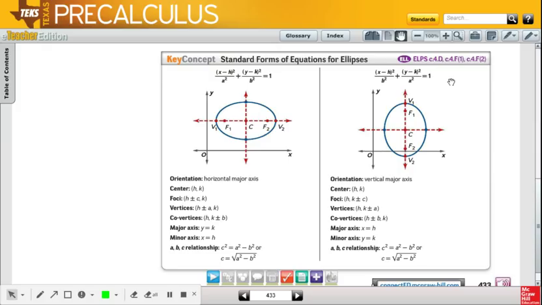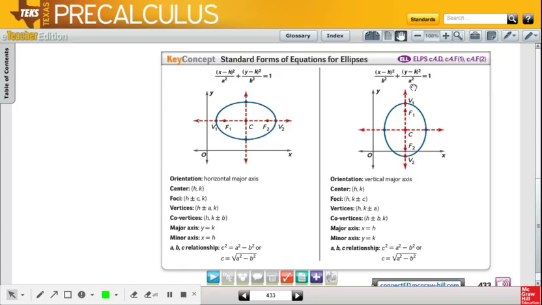So 99% of the time they're identical. The only difference is the a squared and the b squared on the left, and the b squared and the a squared on the right. Basically, between these two equations, they were flipped.